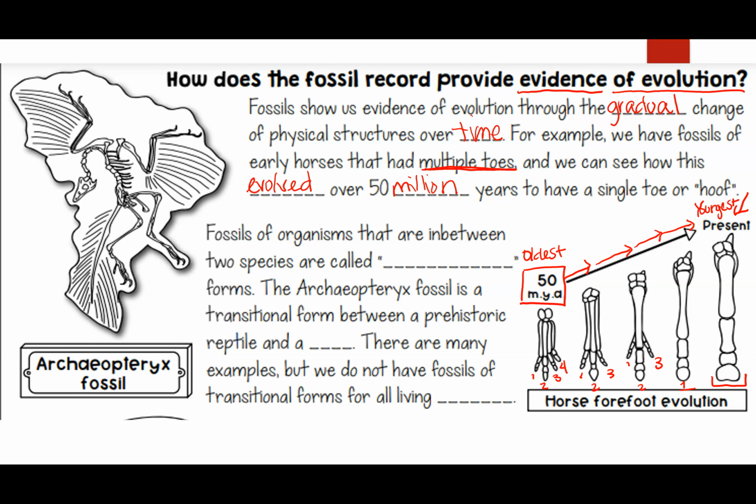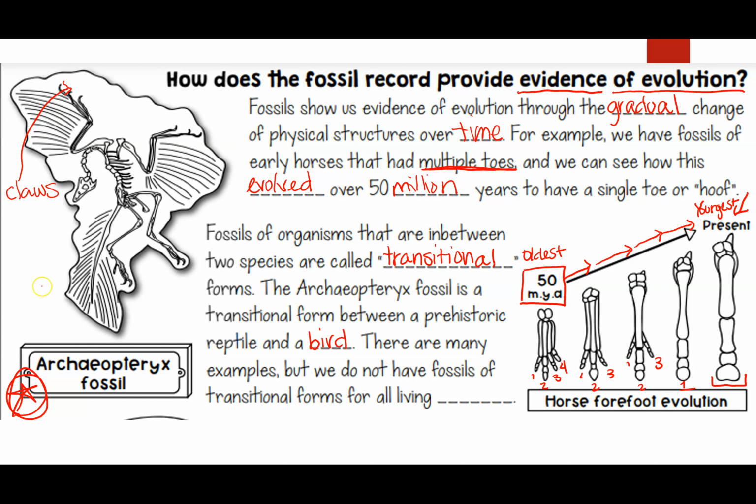All right. So now, fossils of organisms that are in between 2 species are called transitional forms, okay? So Archaeopteryx, there you go, that is the correct pronunciation of this right here. Archaeopteryx fossil is a transitional form between a prehistoric reptile and a bird. So we can see this because we've got claws up here, claws.